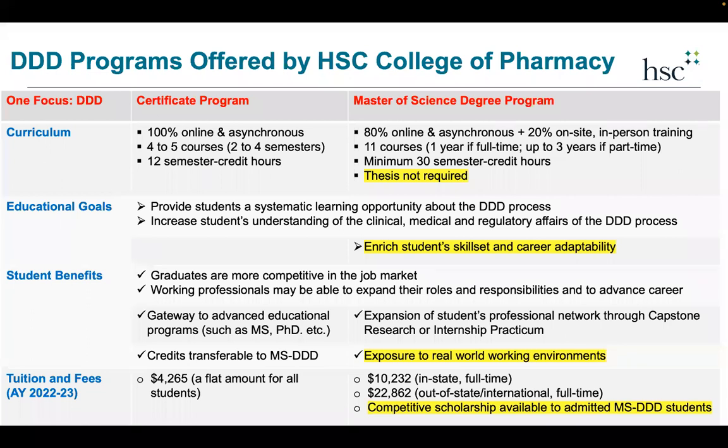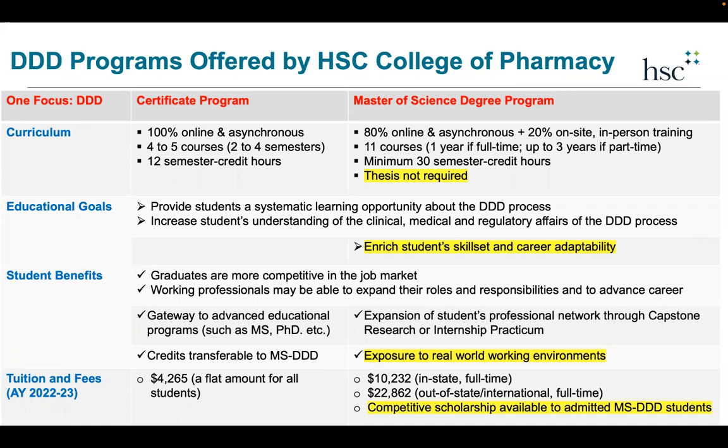So now, here comes a side-by-side comparison between our certificate program in DDD and Master of Science program in DDD. The certificate program is a short educational enrichment program that consists of 4 to 5 courses, depending on the status of the students, for a total of 12 semester credit hours.